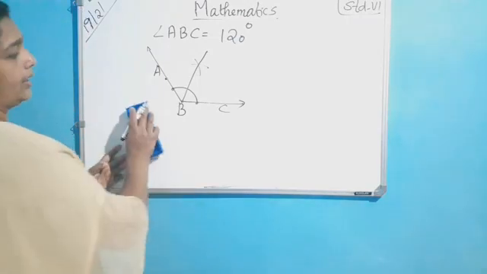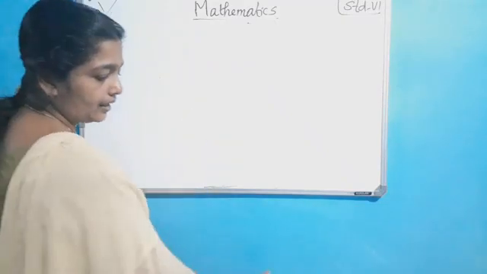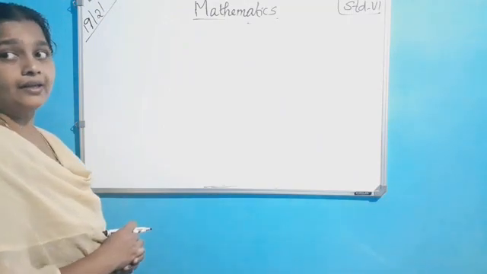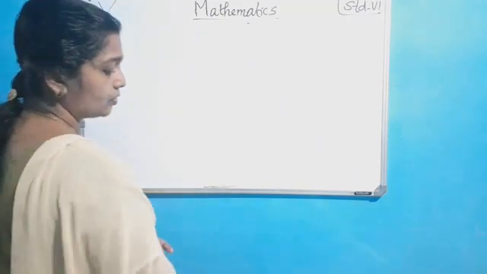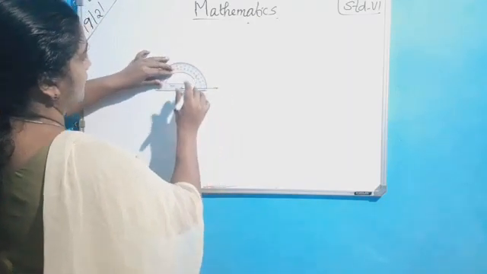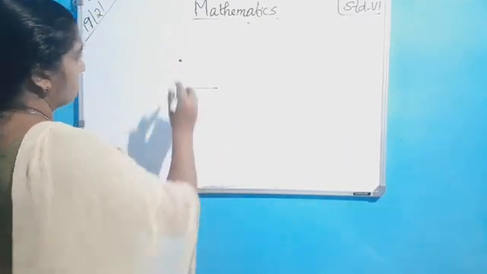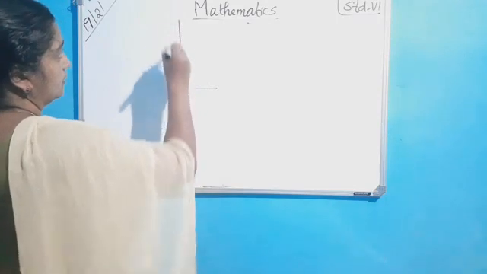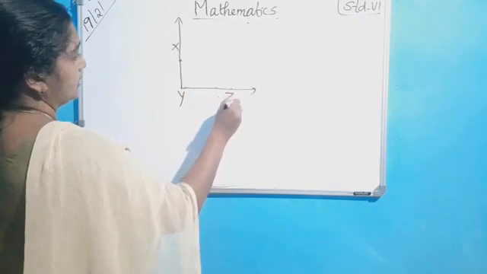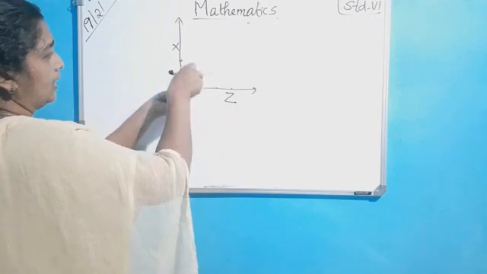Next question. Draw a right angle and construct its bisector. You know a right angle equals 90 degree. First draw the line and mark the 90 degree angle, suppose X, Y and Z. From Y cut an arc.